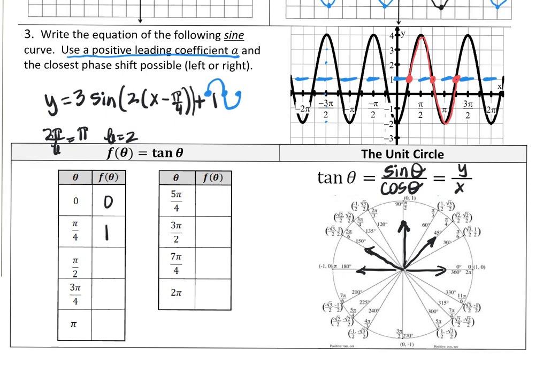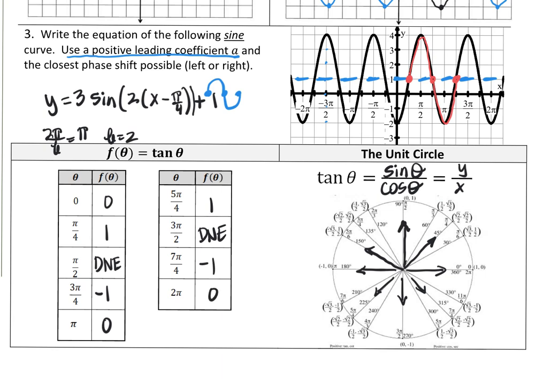Notice at pi over 2, since x is 0, and that's the denominator, this does not exist, DNE. At 3 pi over 4, we'd get -1 for tangent. At pi, we'd get 0. And I'm going to keep going, all the way around the circle. And we have 1, DNE here because that one doesn't exist either, -1 and 0.